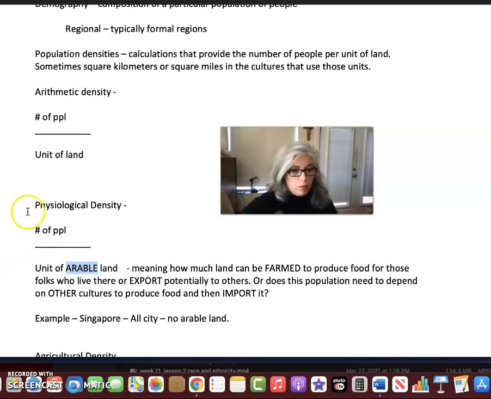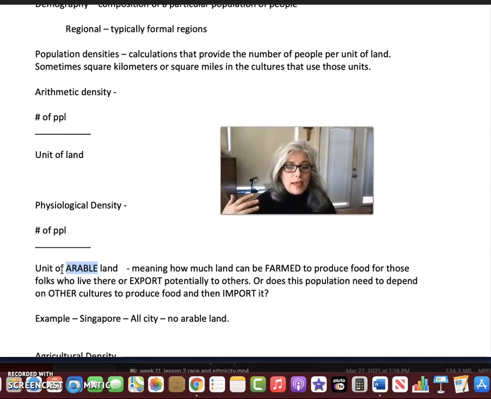If you have whatever number of people with a very high amount of arable land, that population of people can be food independent. They aren't necessarily for sure food independent from others, but you have that option. It's more of an option for a population the more arable land that is available.